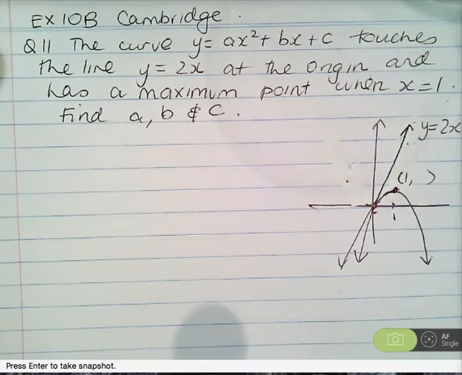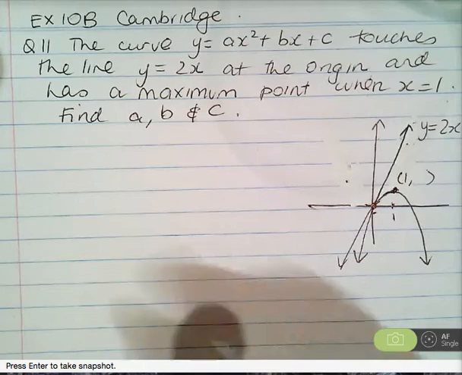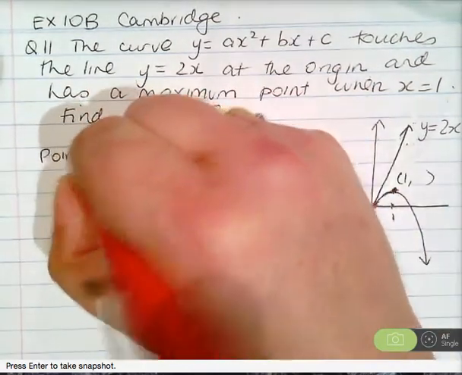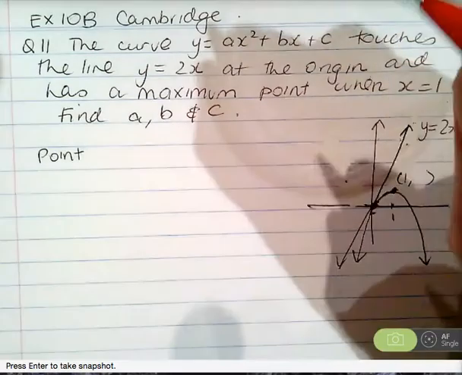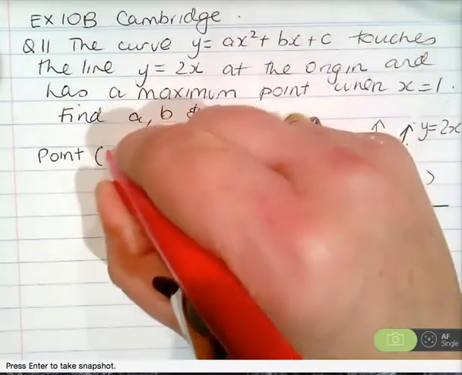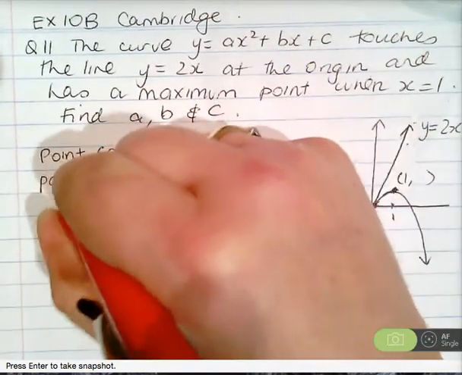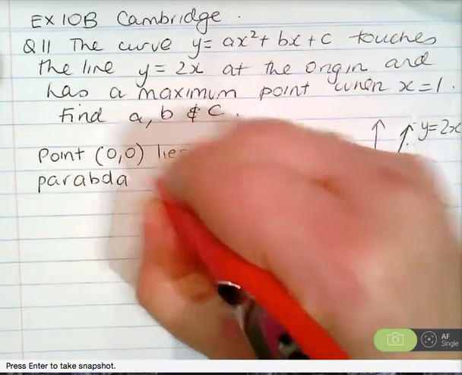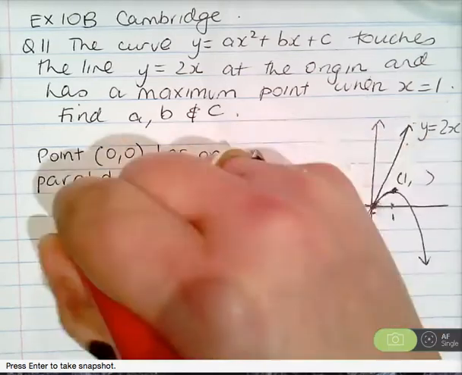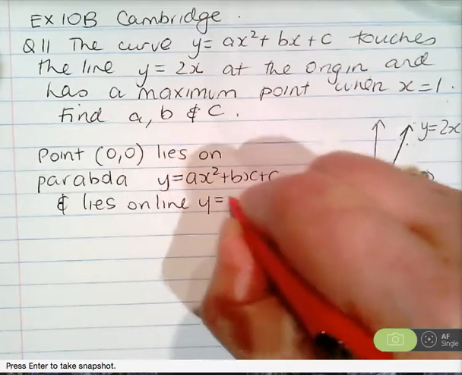Now you can approach this a few ways. Look, we know that because they touch each other at the origin, the point 0, 0 lies on the parabola, y equals ax squared plus bx plus c, and it also lies on the line y equals 2x.